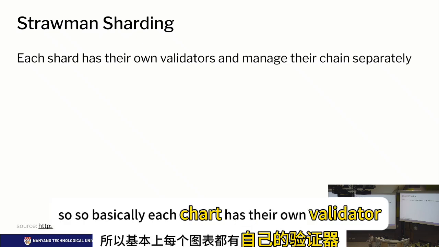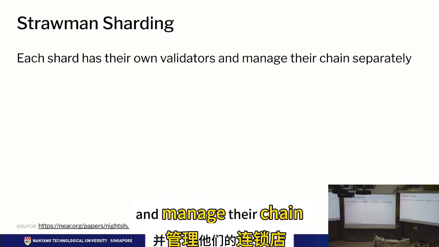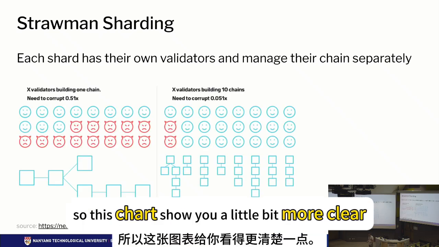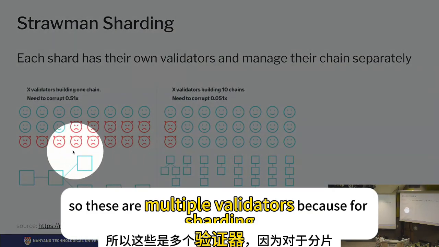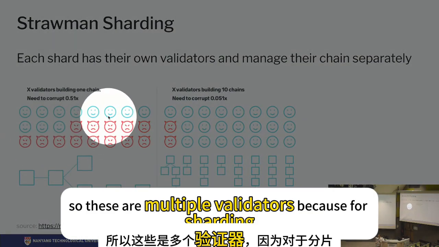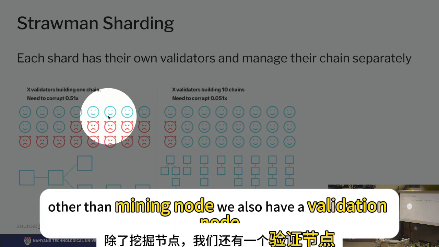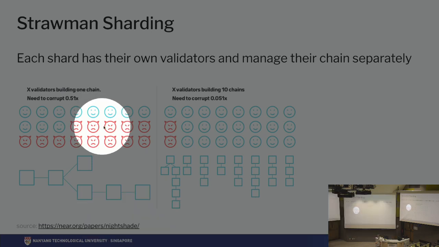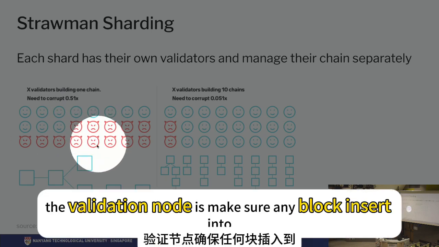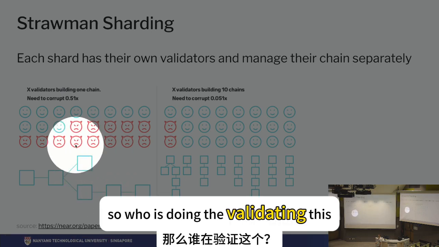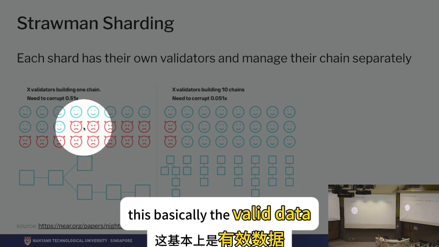Basically, each shard has its own validators and manages its chain separately. What does that mean? This chart shows it a little more clearly. These are multiple validators, because for sharding, other than mining nodes, we also have validation nodes. The validation node makes sure any block inserted into the blockchain is valid. So who is doing the validating? This is basically the validator.